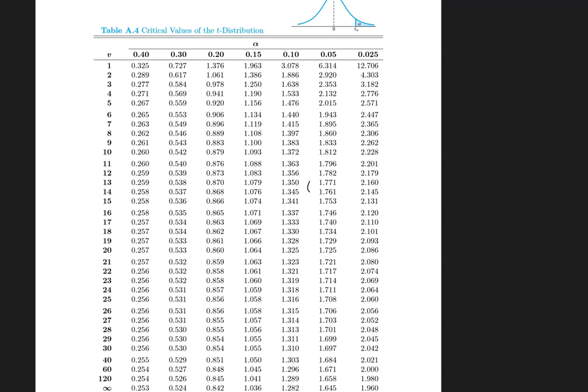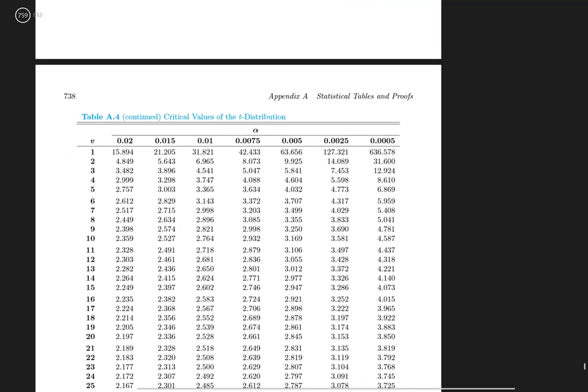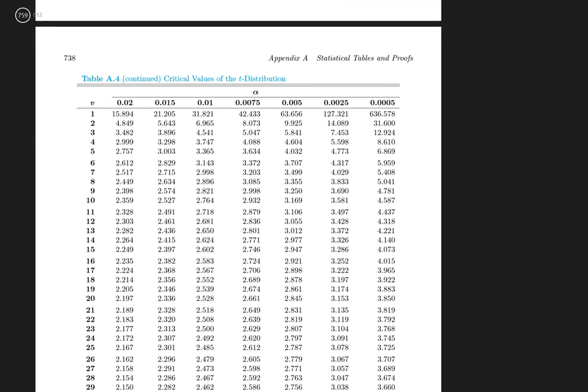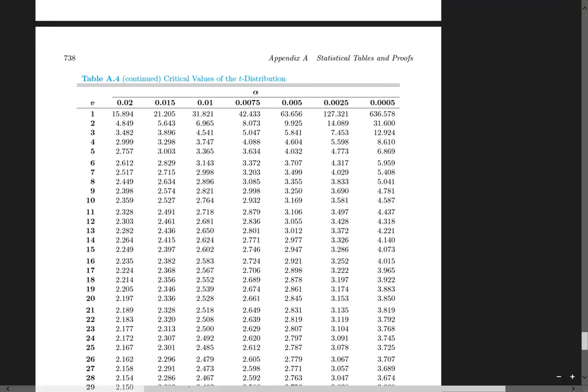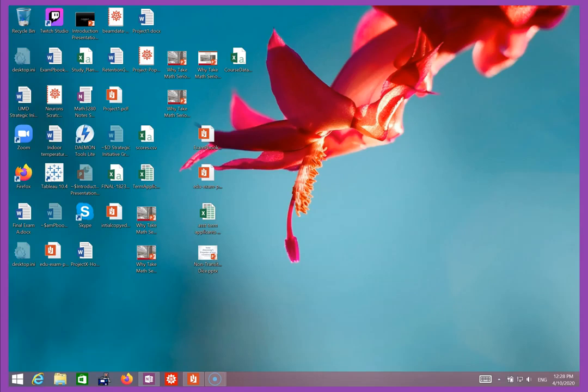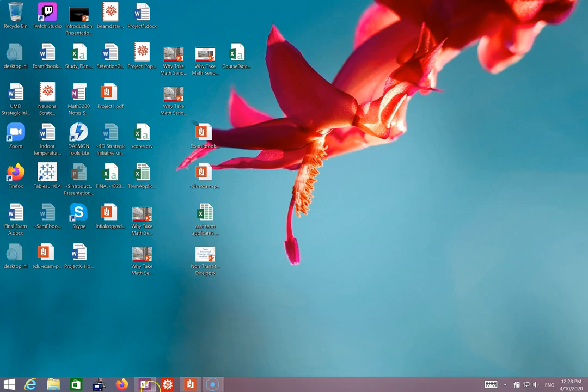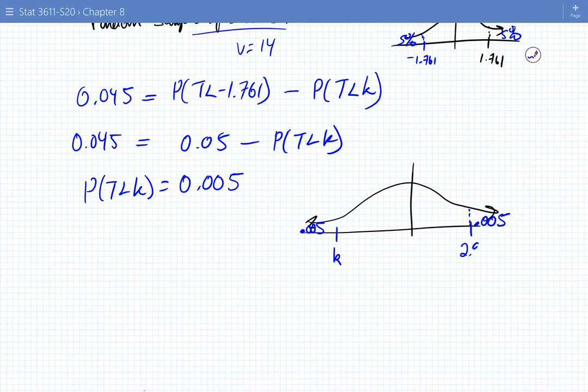And where's 14? 14, there we go. Do we have a 0.005 for the t-distribution? Certainly we do. There's a column on this table, 0.005. 14 degrees of freedom is down here. That is 2.977.